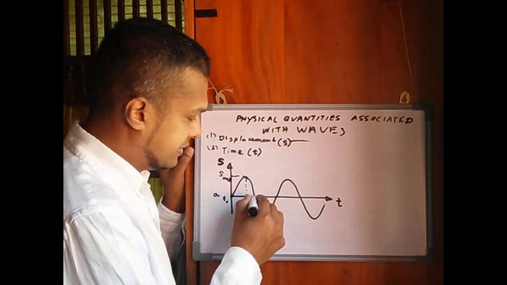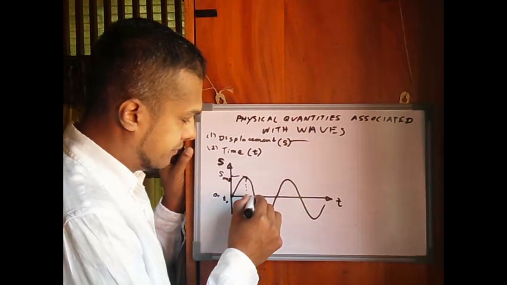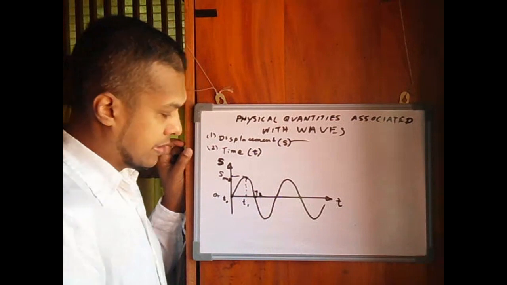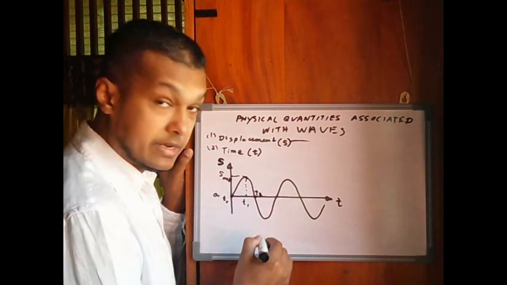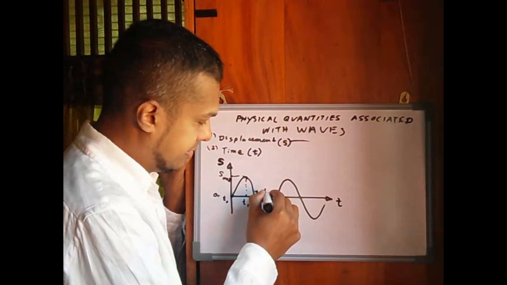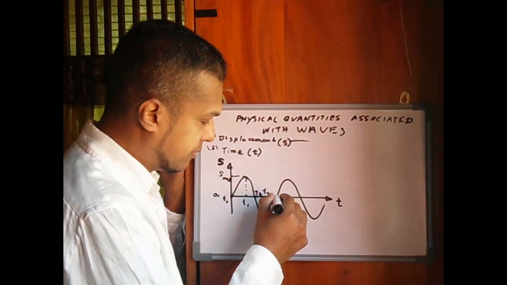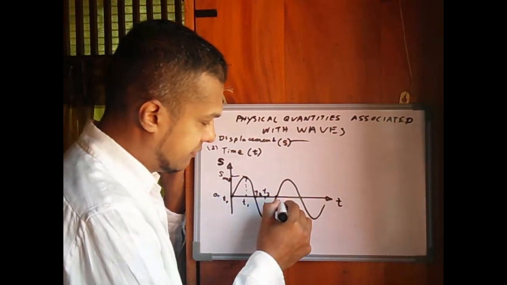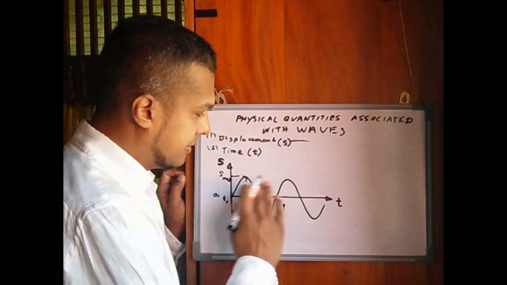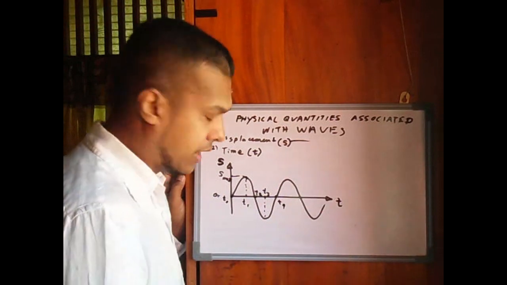Then it reaches the 0 point, displacement 0 again, at t2, and then it goes in the negative direction, which is t3, and it reaches back to the 0 point, which is t4. So that's basically how the wave behaves over a period of time.